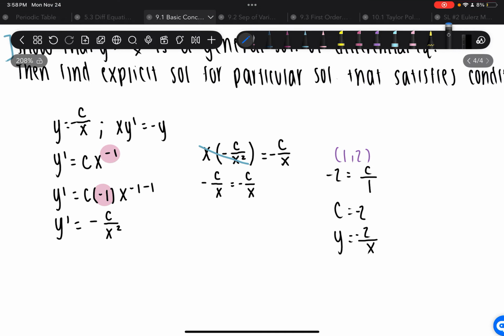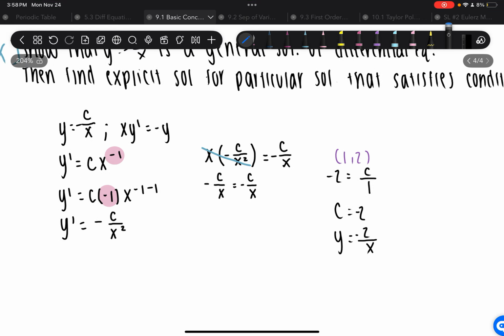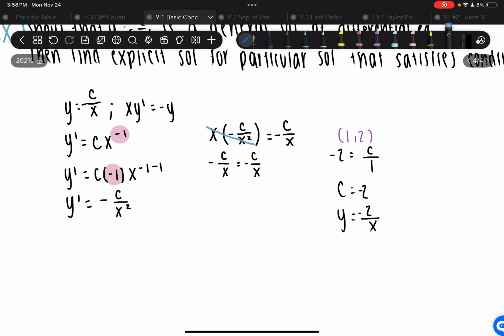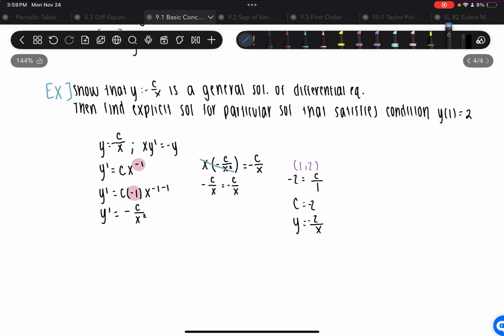Now this is our explicit solution, because remember, explicit means y and x are on different sides of the equation. If this problem was asking for an implicit solution, then we would need to multiply x over to the other side, where we would get yx equals negative 2.